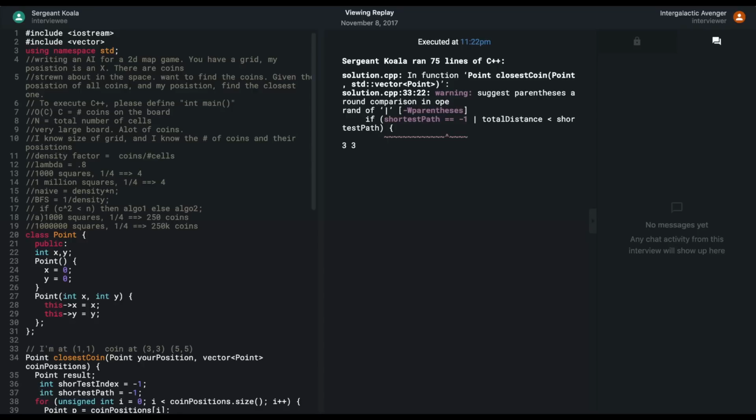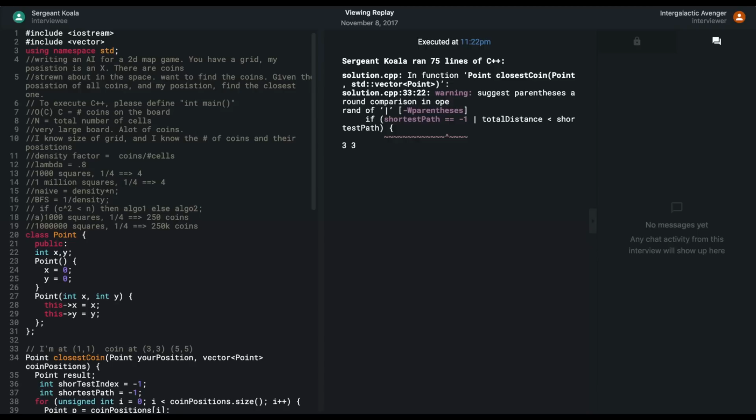So that's the number of coins. Number of cells. No, I think C was the number of coins on the board, and N was the number of cells. Right. Okay. N is the total number of cells, and C is the total number of coins.